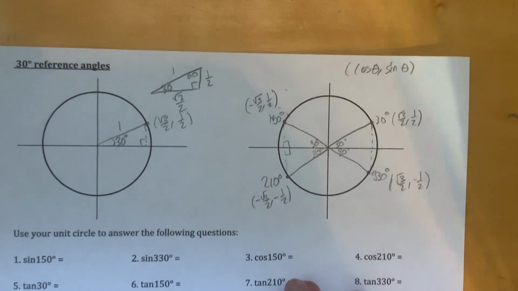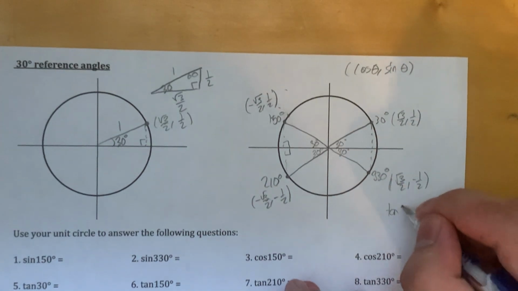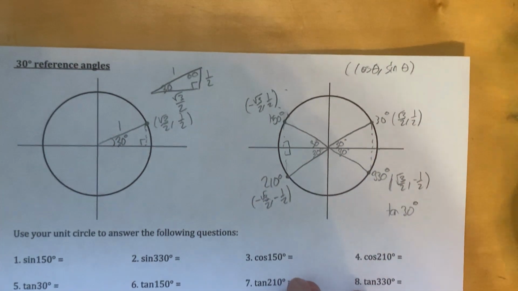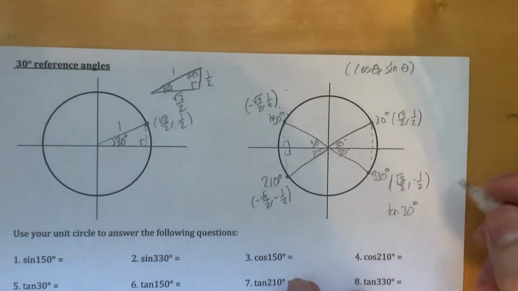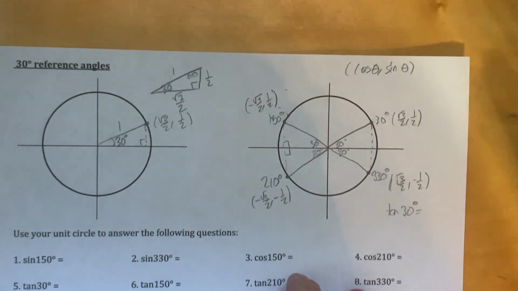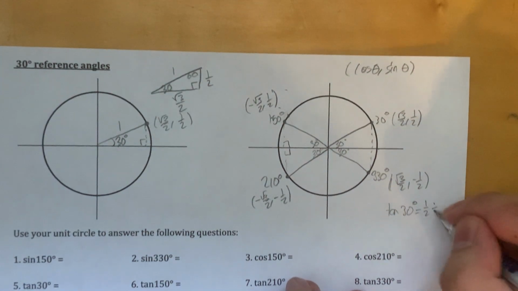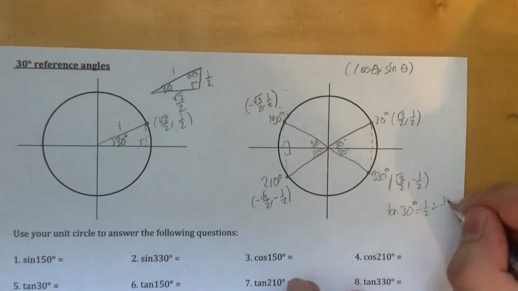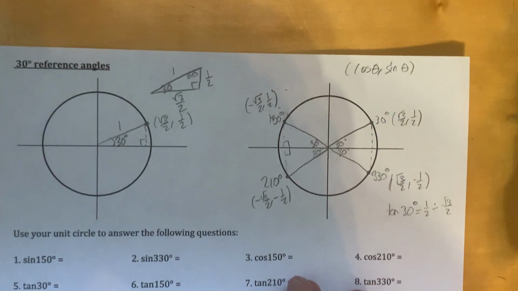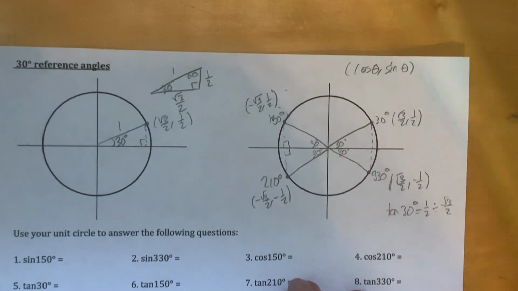So let's do tangent of 30 degrees, because once we find one, we know the answers for the rest of them, since we know the positive and negative, what cancels and what would give us a negative and what would give us a positive when we divide them. So it's going to be 1/2 divided by square root 3 over 2. And some of you are like, why am I writing it like this? So I can do copy, dot, flip.